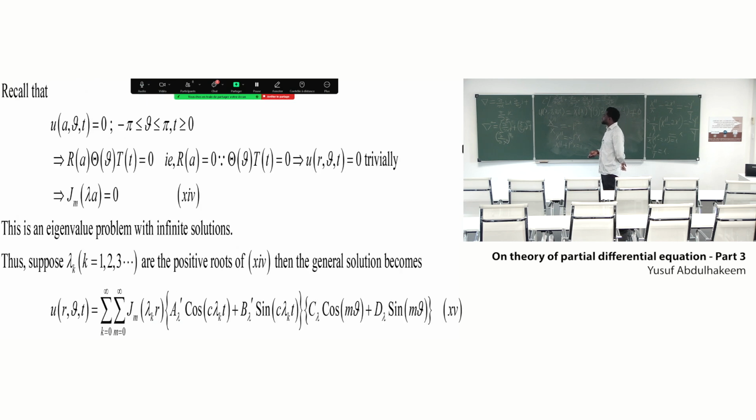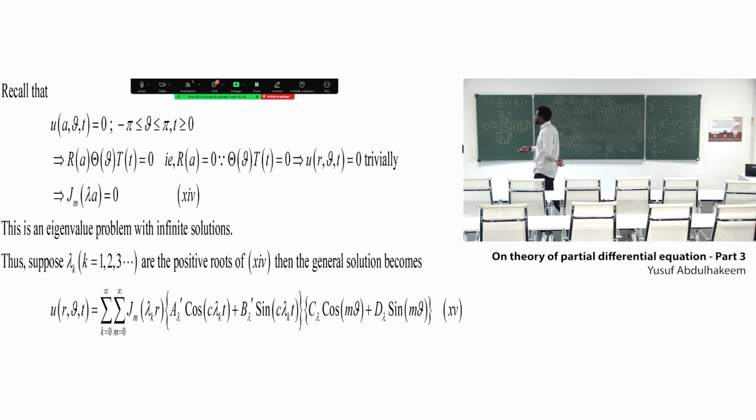Then we recall that from now, we are going to start applying those conditions. Of course, from the condition we have it that u of a, theta, t is equal to 0, and we have minus pi to pi. This is the region of this variable, you can see, and then at t greater than or equal to 0. That means when time is greater than or equal to 0, from t equals 0 upward.